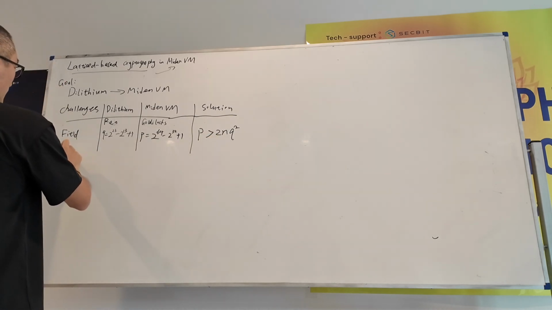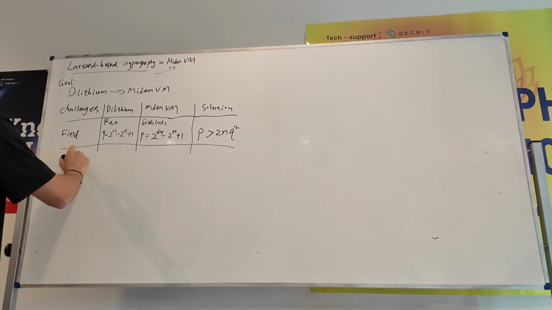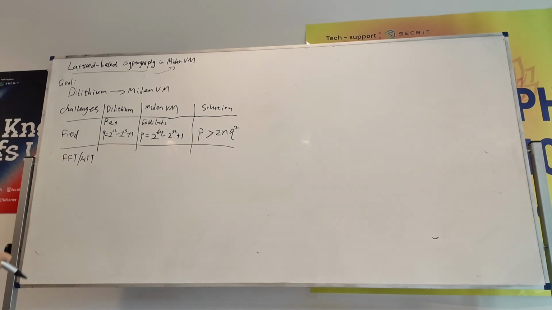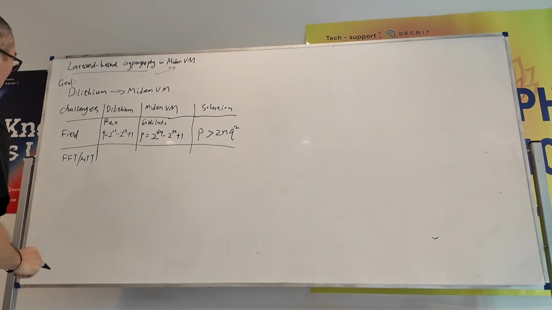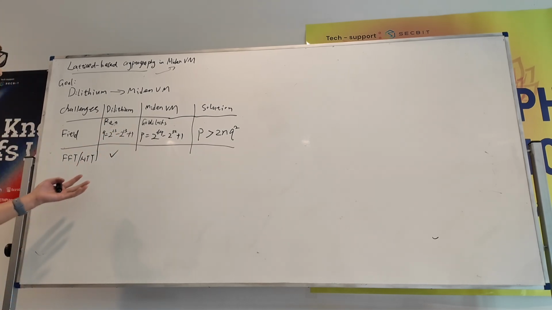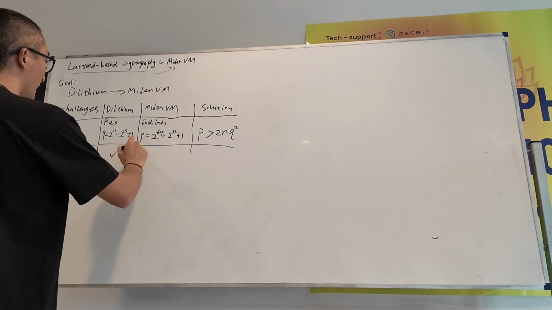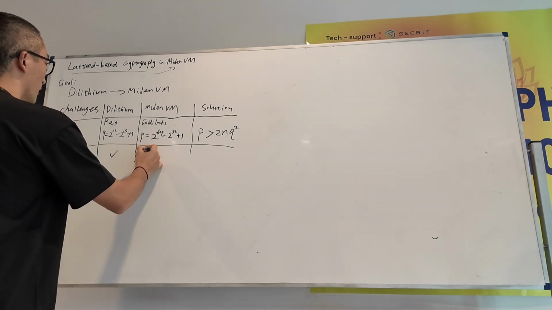The second one, which today we will explain in more detail, is the FFT. In the paper it's called NTT, it's the same thing. The challenge here is that Dilithium just uses the normal way to do the FFT operation. But Miden VM has a word.